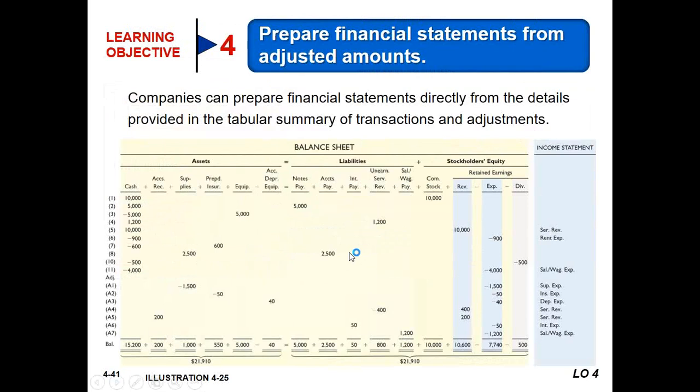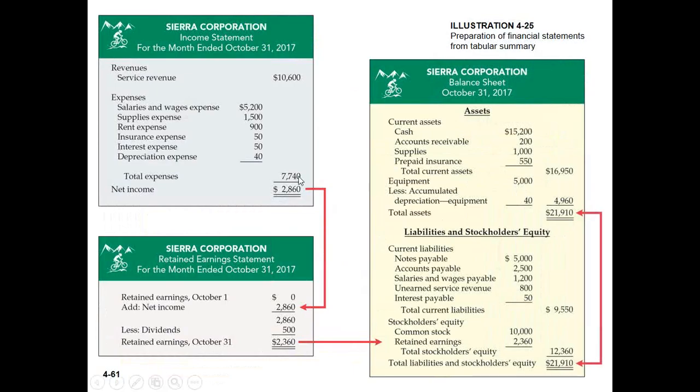We can then take our spreadsheet and prepare our adjusted financial statements. These statements are now the correct, accurate, timely, and usable financial statements for the company, as opposed to the unadjusted financials we prepared at the end of Chapter 3. So using these numbers, we have prepared our income statement.